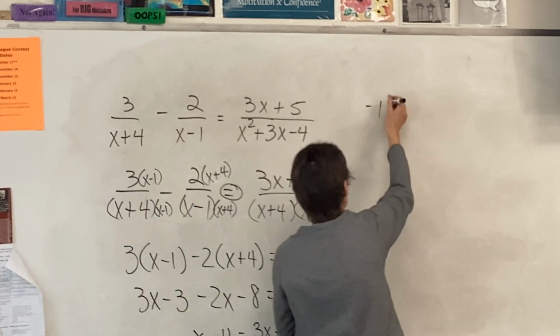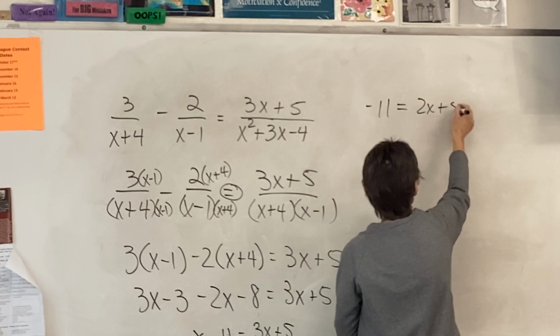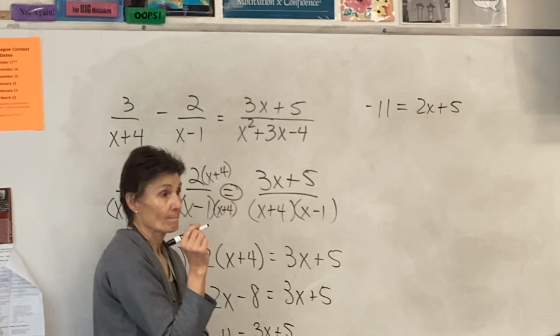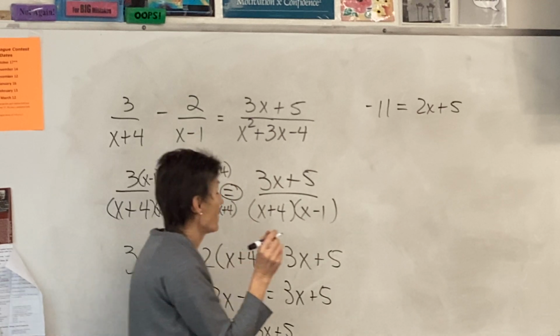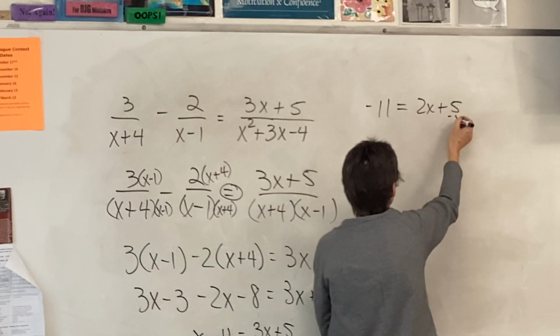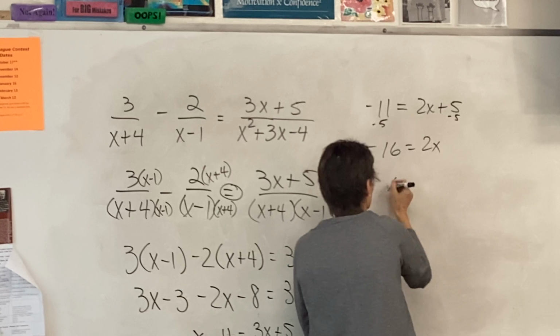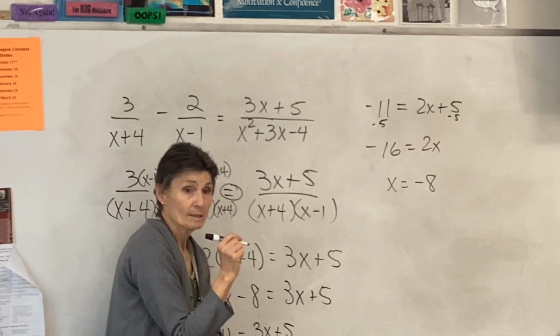So negative 11 equals 2x plus 5. And then I can subtract 5. So negative 16 equals 2x, and it looks like x equals negative 8.